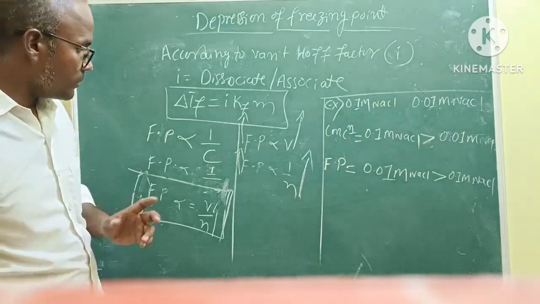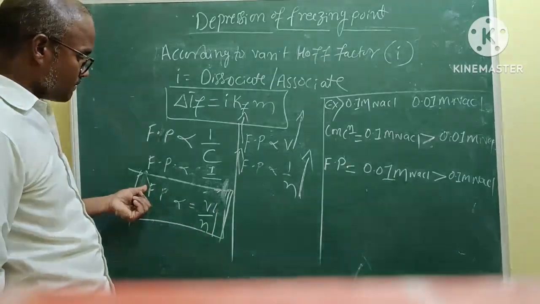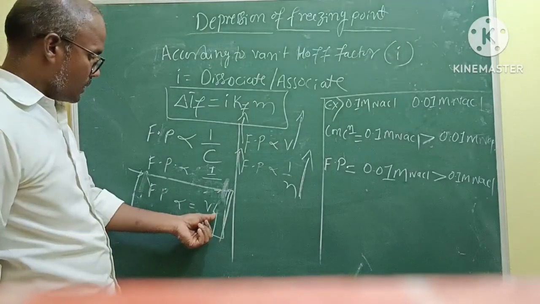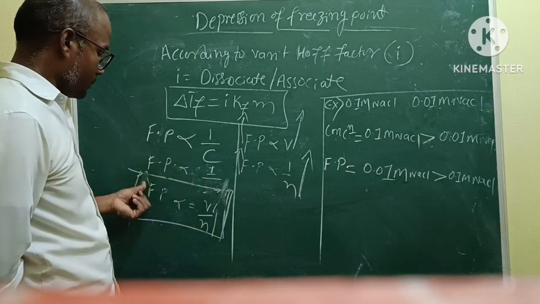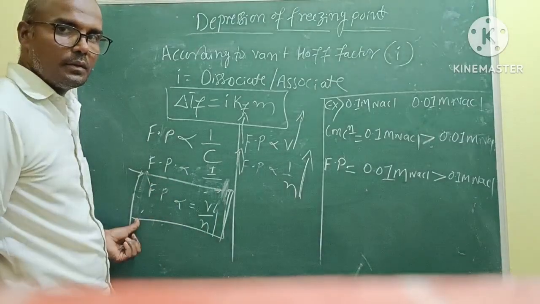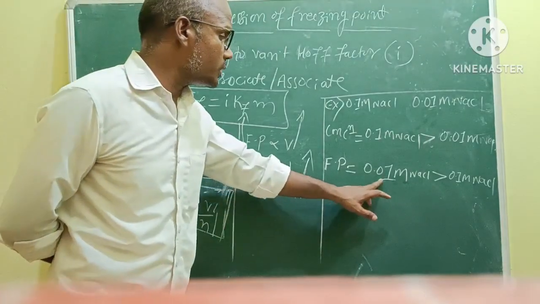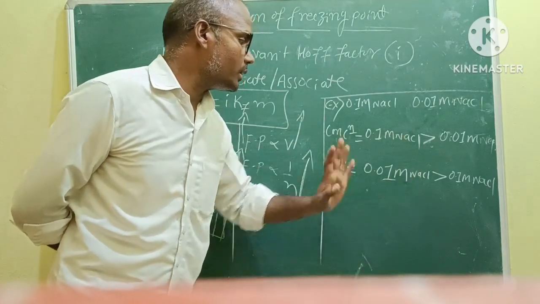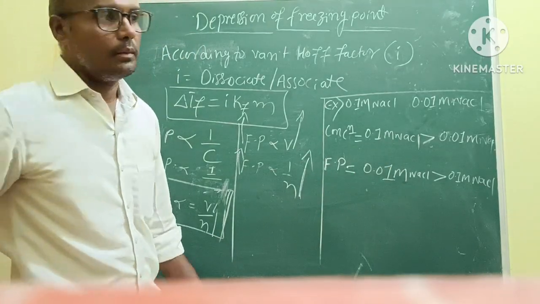Understand? Volume increases, freezing point increases. Concentration increases, freezing point decreases. Understand, students? So 0.01 molar NaCl has a higher freezing point than 0.1 molar.